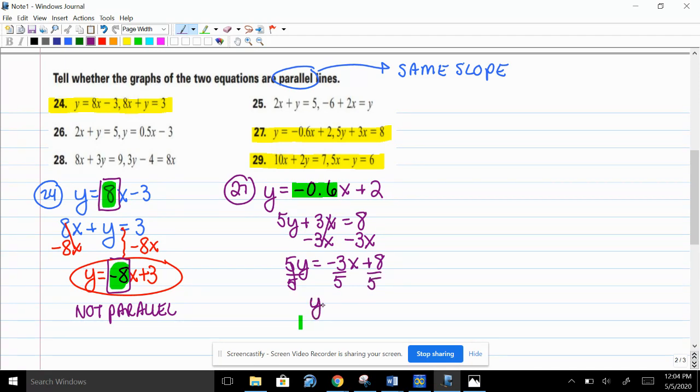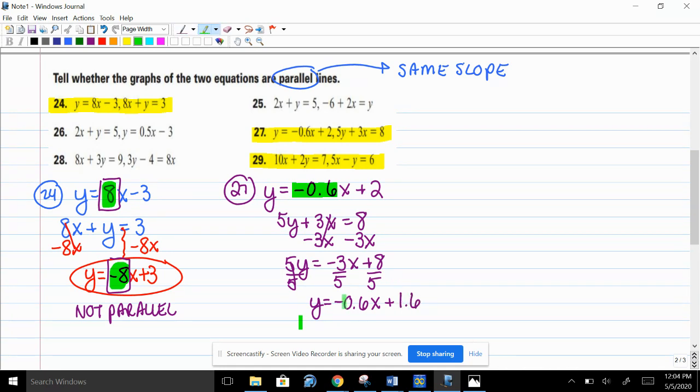Usually I would say don't make this a decimal because we like slope to be a fraction. But in this case, I'm going to make it a decimal because this slope up here was a decimal. So y is equal to negative 0.6x plus 8 divided by 5, which is 1.6.